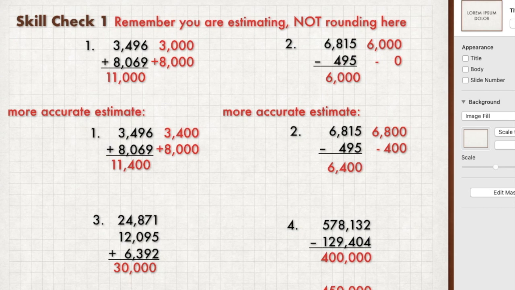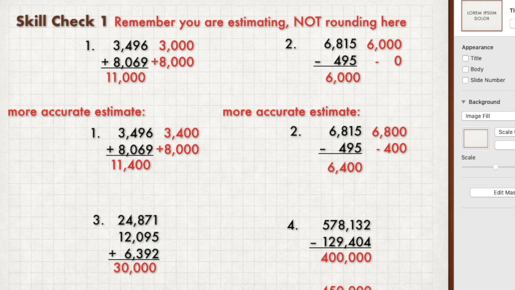I'm not doing that. So I'm just looking at the front-end estimation. The 3 plus the 8 equals 11. The 4 plus the 0 equals 4. So here I have 11,400. I'm just adding the hundredths place and the thousandths place.